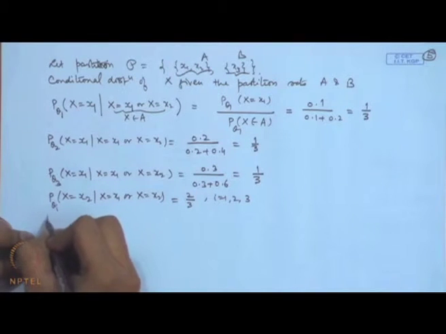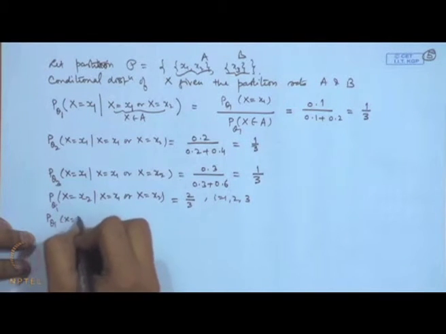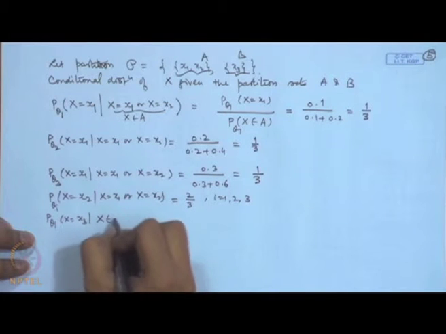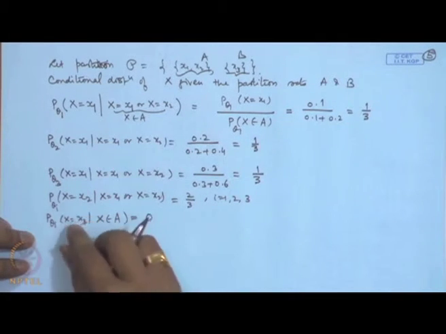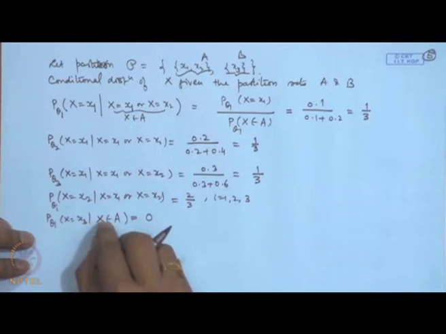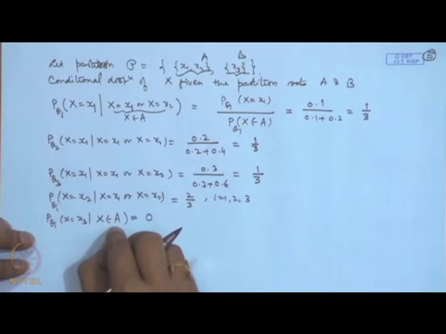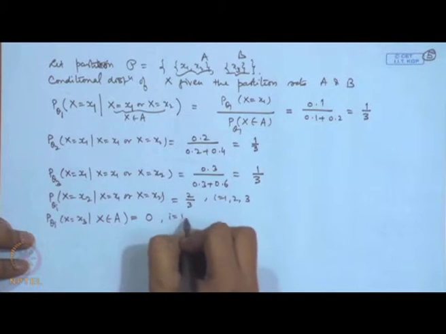Similarly, if I consider x equal to x3 given x belonging to A, then this is going to be 0, because when you take the numerator, probability of x equal to x3 intersection x belongs to A, that is going to be 0. So, this holds for i equal to 1, 2, 3.